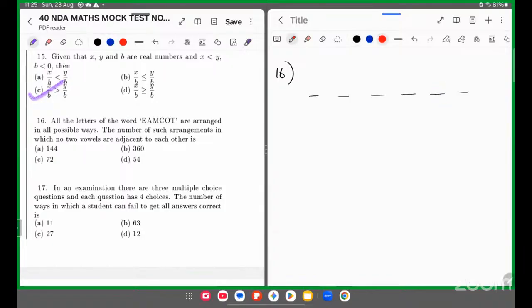That means we can consider like this. First of all, put M, C, T like this.